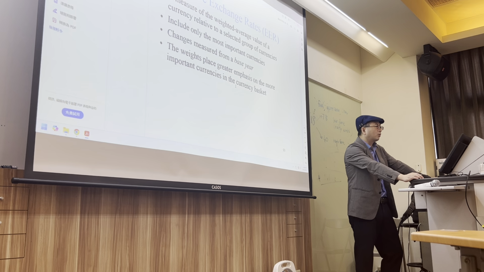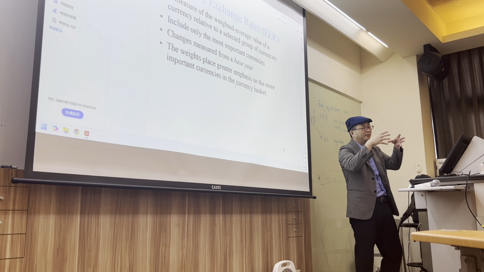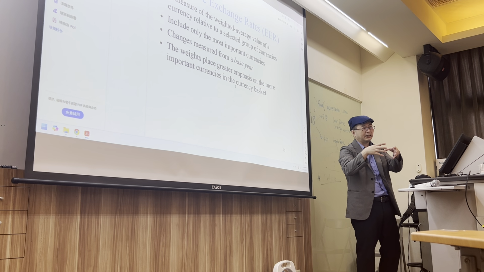Because in the world, there will be more than 200 currencies or more, right? So because it will take a lot of time, and it's quite time consuming to calculate all those 200 plus currencies, that's why we should select a basket of currencies, okay?